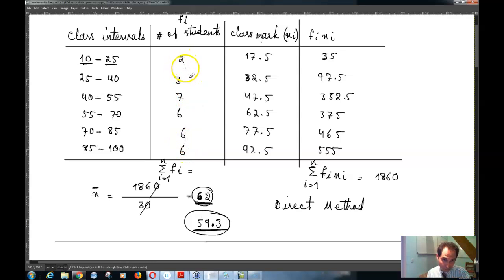Then you multiply the smaller numbers, and once you've done the calculation, you multiply back the factor that you took out.